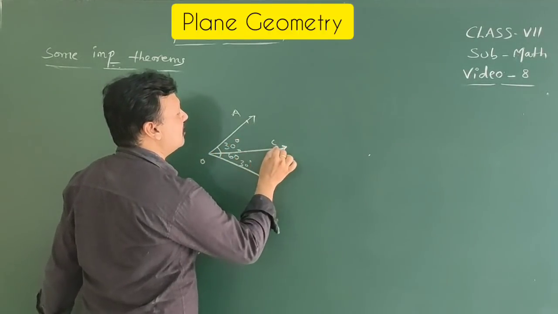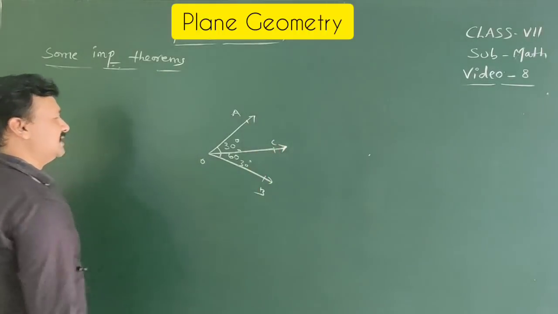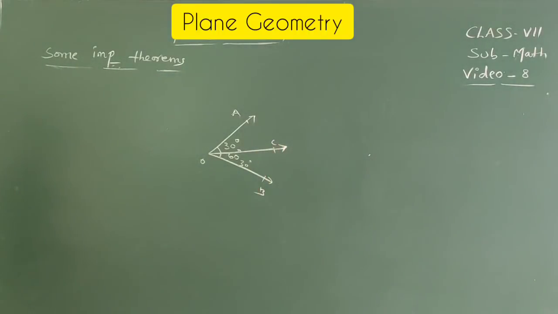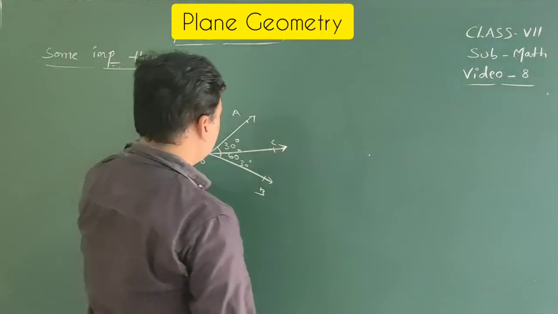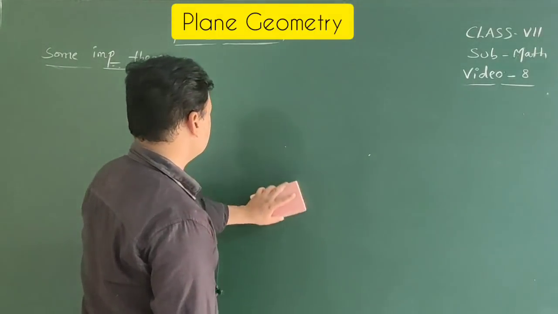Then OC is called the angular bisector of angle AOB, because OC divides angle AOB into two equal parts. That's why here OC is an angular bisector of angle AOB. Side bisector and angular bisectors.